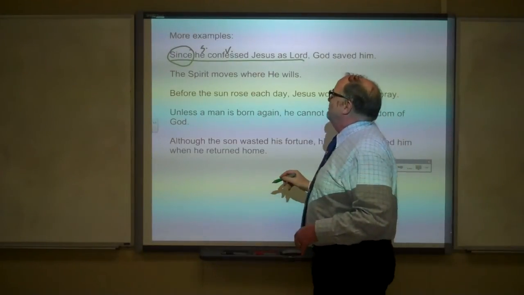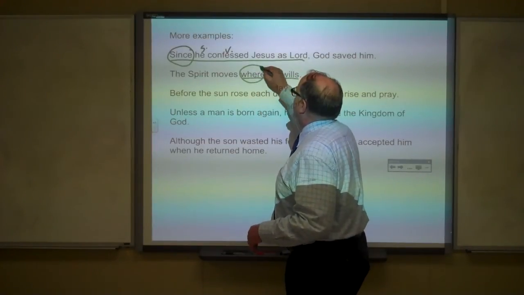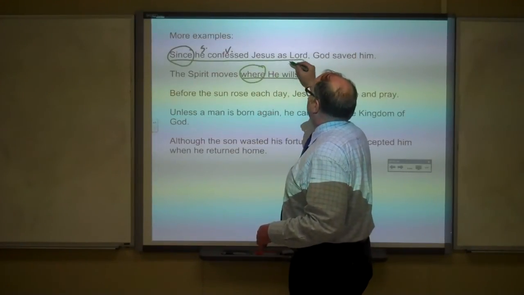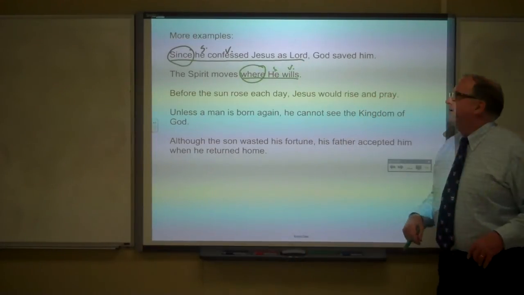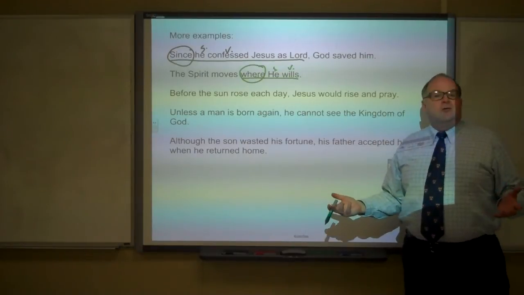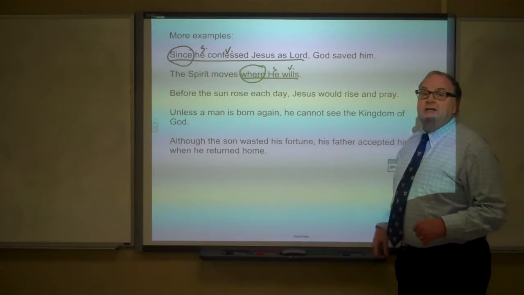The Spirit moves where he wills. Again, subordinating conjunction where. He is the subject, wills is the verb. Answers the question where. Modifies the verb.